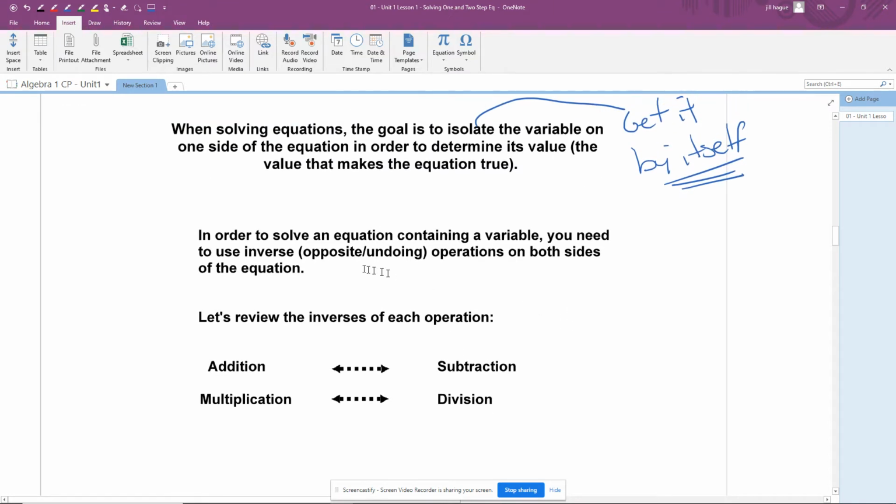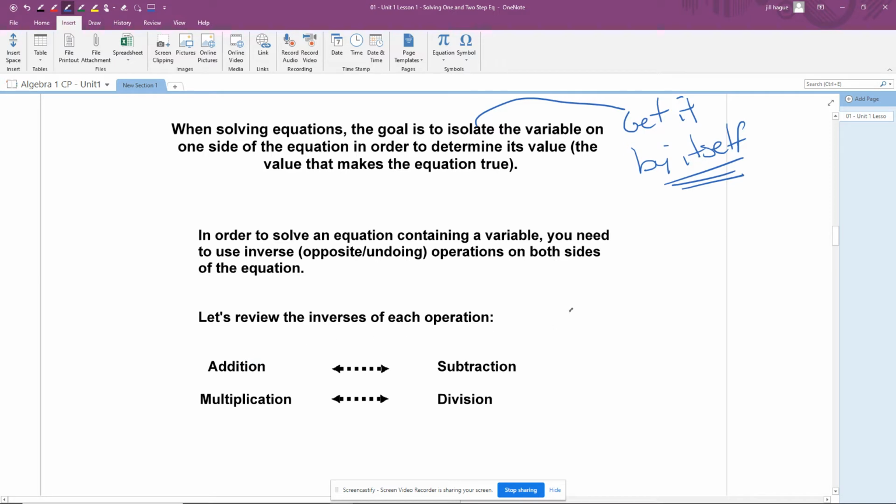All right, so in order to solve an equation, you need to move everything to the other side of the variable using addition, subtraction, multiplication, and division. How do you decide which one to do? Because to get it to move to the other side, you have to do the inverse of it.